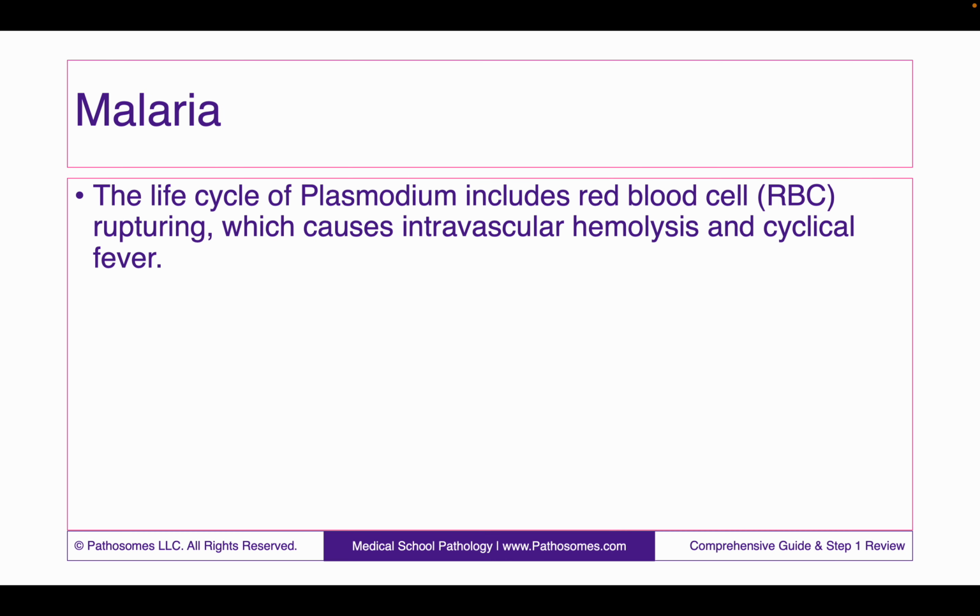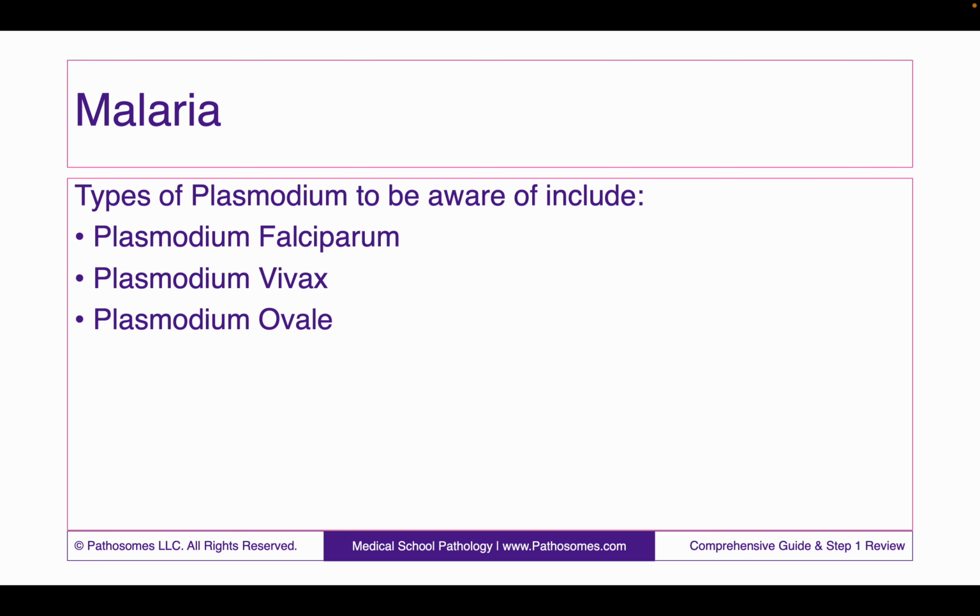The life cycle of Plasmodium includes red blood cell rupturing, which causes intravascular hemolysis and cyclical fever. Some types of Plasmodium to be aware of include Plasmodium falciparum, Plasmodium vivax, and Plasmodium ovale.